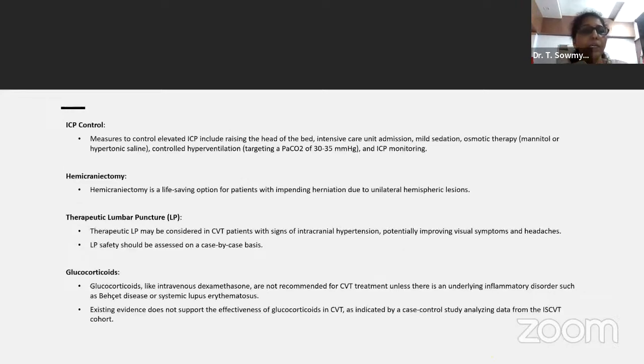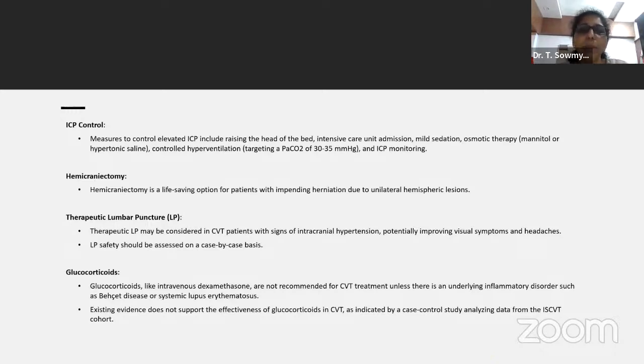And coming to the intracranial pressure control, we keep the head end elevated. We give mild sedation, and also give osmotic therapy, either mannitol or 3% NaCl, and controlled hyperventilation targeting PCO2 between 30 to 35, and ICP monitoring.